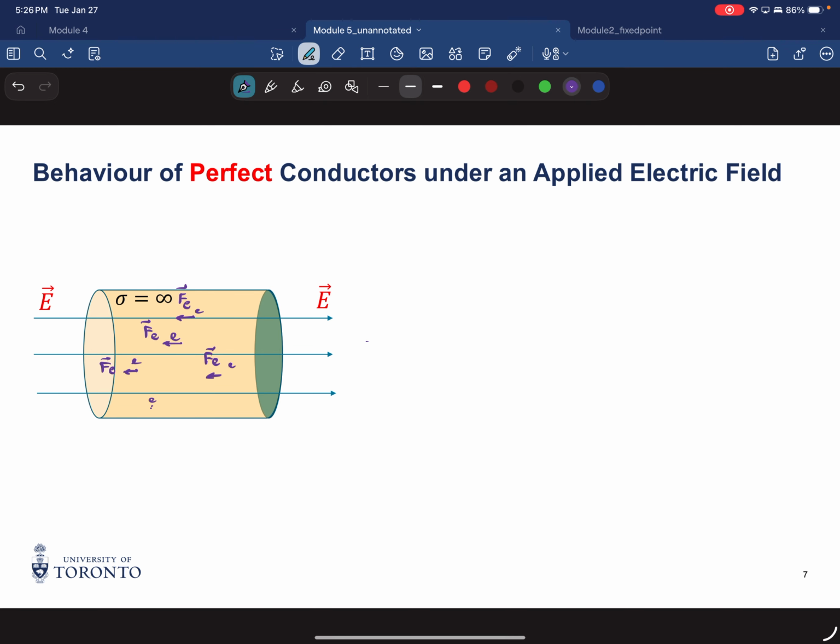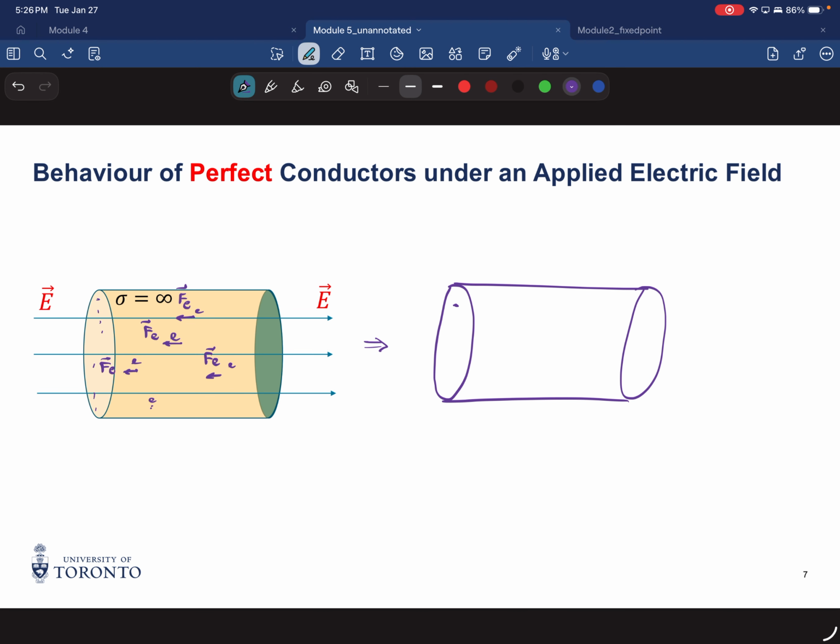All of these electrons, because of this force, will accumulate on this side of the conductor. So we would have lots of negative charges. And on the other side, every time an electron left, it would leave a positive charge behind. And this is our external E.